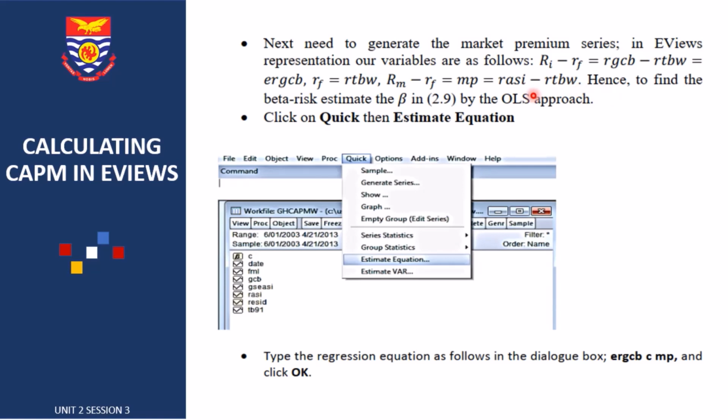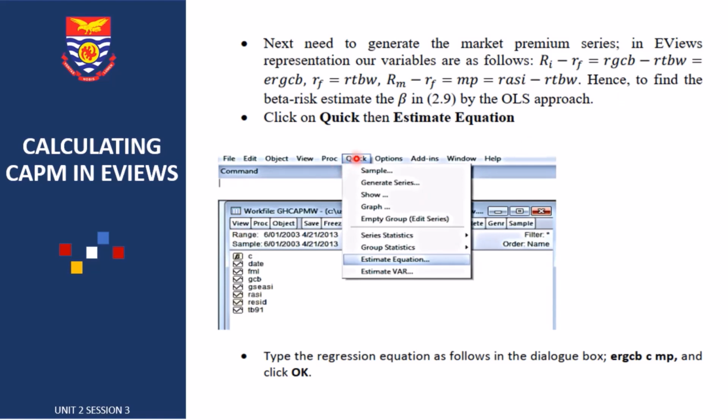So this is our model. After estimating, we have to know the parameters and what measures what. Here our regression becomes RI minus RF, the excess return from the GCB, which we are trying to model, and our market risk is the return from the Ghana Stock Exchange, and our risk-free is the treasury bill or treasury bond.